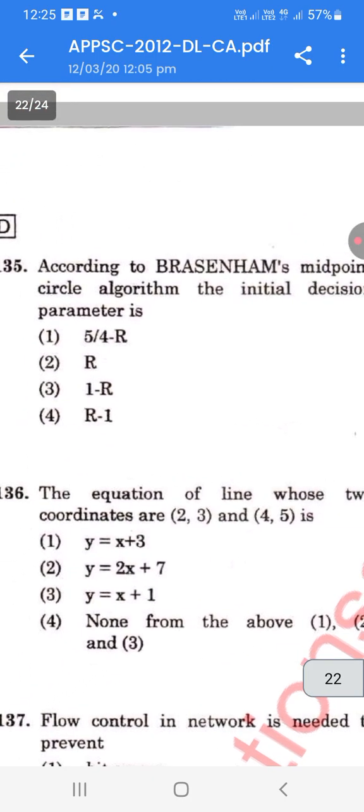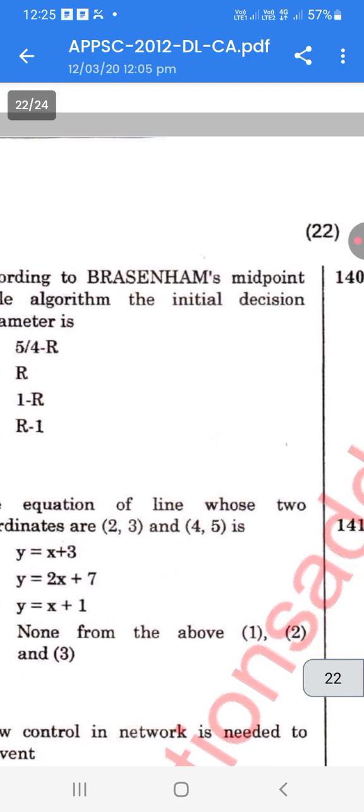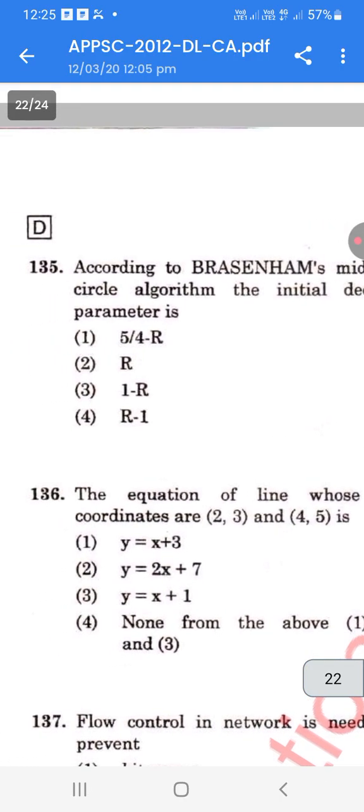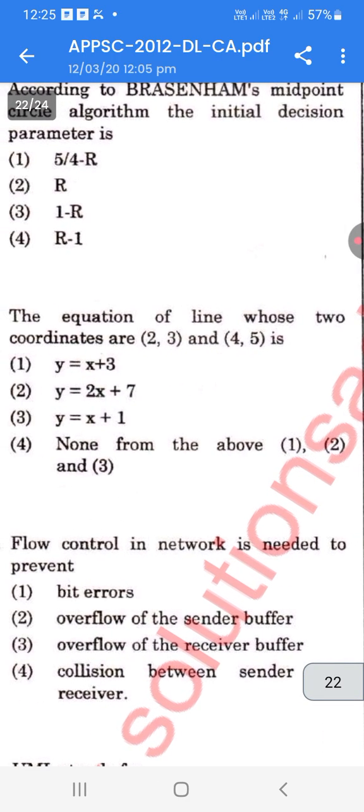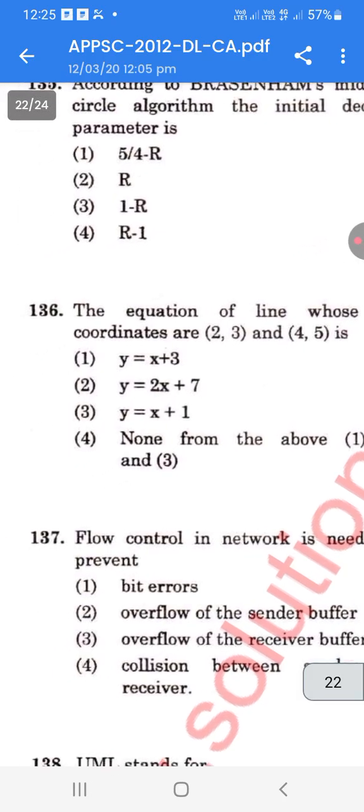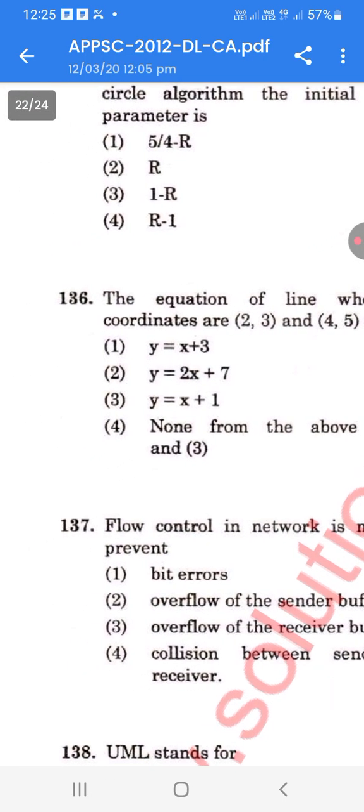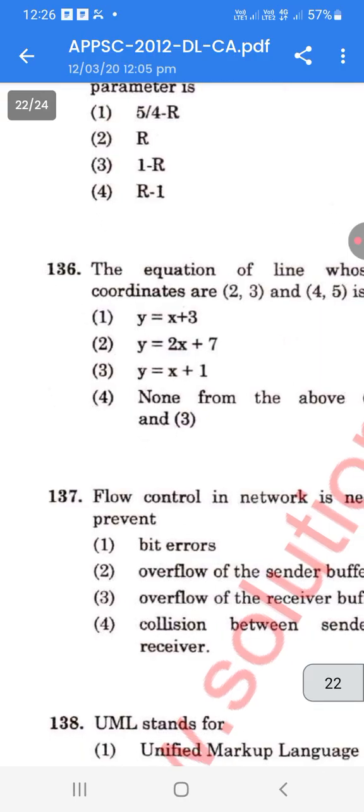135. According to Bresenham's midpoint circle algorithm, the initial decision parameter is 1 minus r. The equation of the line whose two coordinates are (2, 3) and (4, 5) is 136. 3. y equals x plus 1. 137.